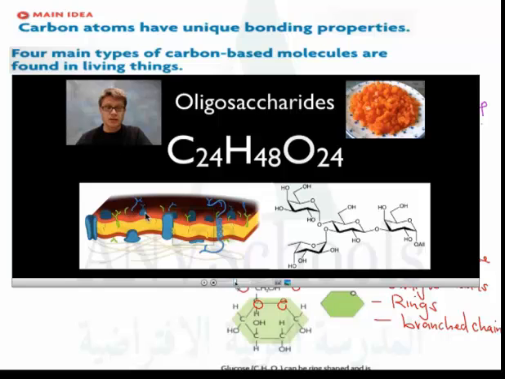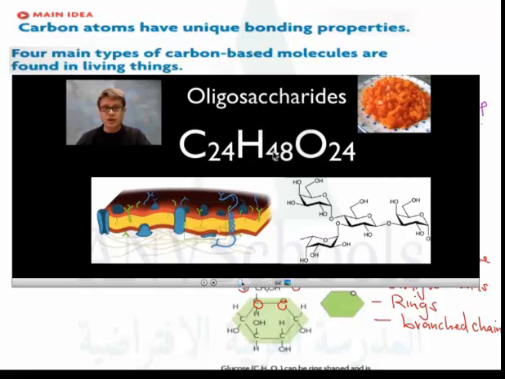As you see here, we can also have bigger groups coming together, or chains of carbon, to form oligosaccharides, like the one that is used in making the structure of carrots, and also the cell membrane.